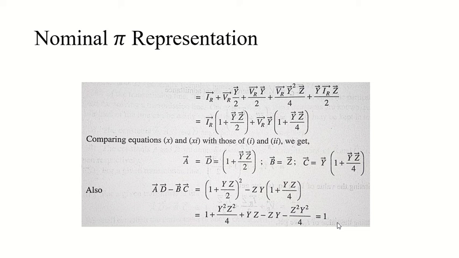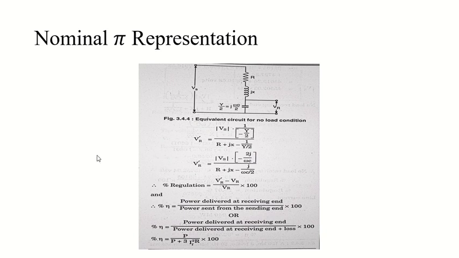So that was the nominal pi representation ABCD parameters, or you can also call them generalized circuit constants, for the nominal pi representation of medium transmission lines. Now let's quickly jump to the final part, which is nothing but the voltage regulation and efficiency of my nominal pi network.